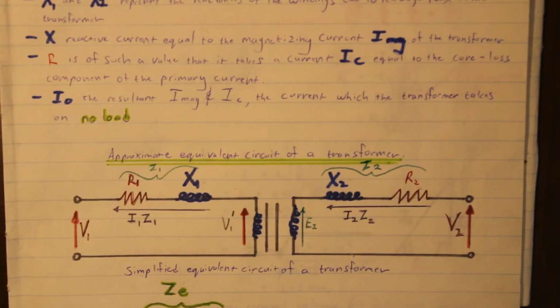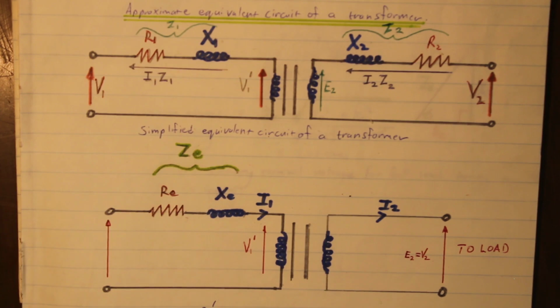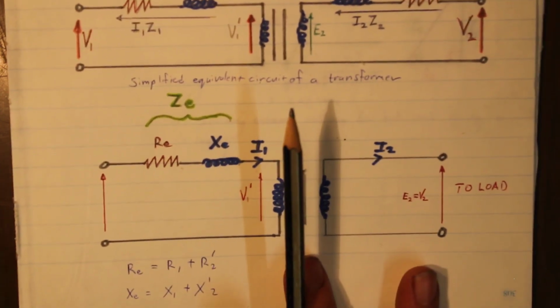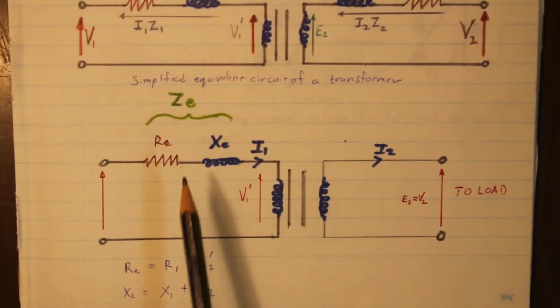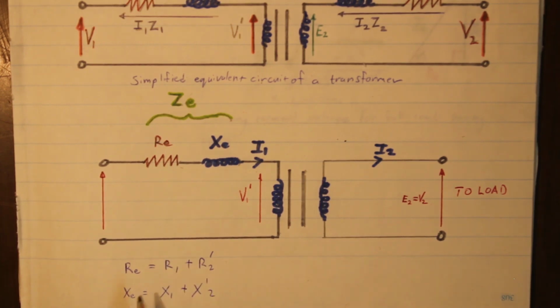And then we could add those two together, and we would have something like this. So we would have RE, which is R equivalent, and R equivalent equals R1 plus R2 prime. So you add those two resistances together, and the same for the leakage reactance. XE is just X1 plus X2 prime.